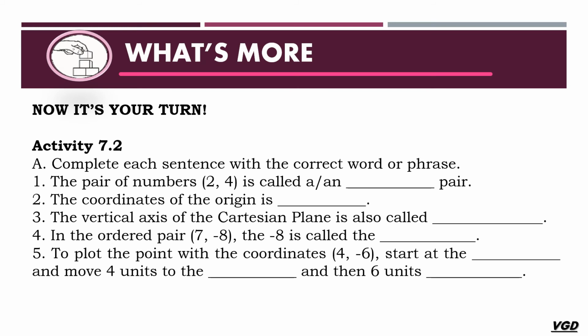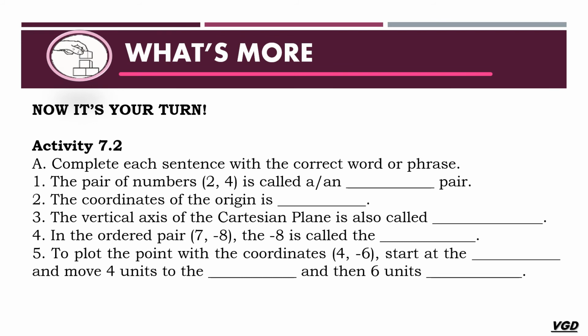Now let's check your understanding. Let's have Activity 7.2, What's More? A. Complete each sentence with a correct word or phrase. Number 1. The pair of numbers 2 and 4 is called a blank pair. Number 2. The coordinates of the origin is blank. Number 3.